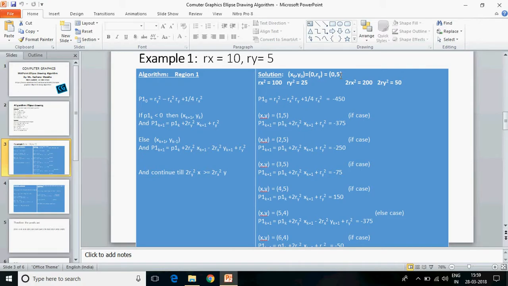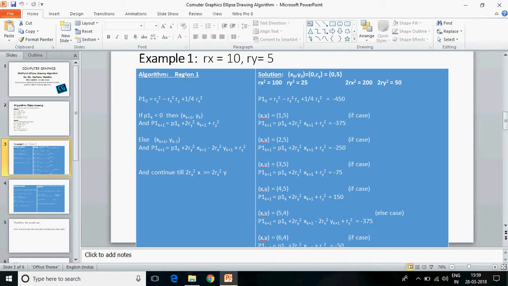For ease of calculation, we will calculate Rx square, Ry square, that is 10 square and 5 square, and also 2Rx square and 2Ry square, that is 2 times 100 and 2 times 25, 250. This is the equation to find the first decision parameter. This is for region 1.